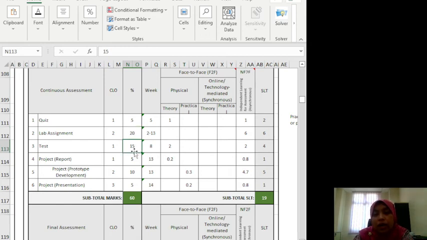Okay, and then we go to the test. Test basically during this semester, mostly the test will be conducted face to face. Okay, on day 1, F2 we have F2. Okay, F2 upper and F2 down.